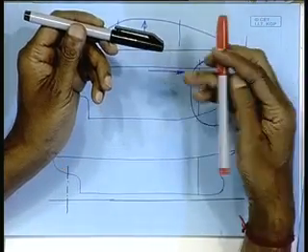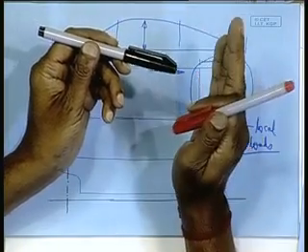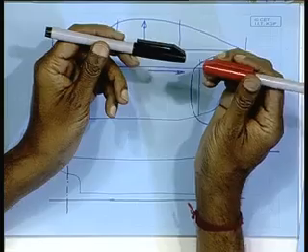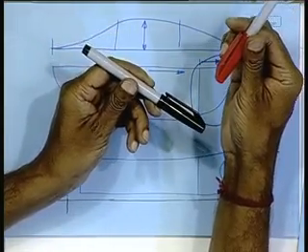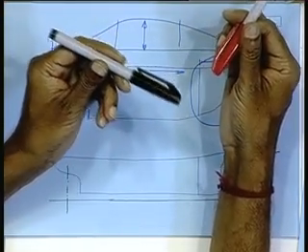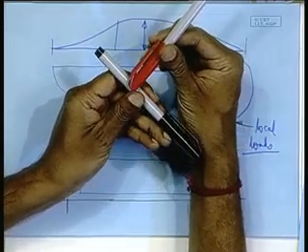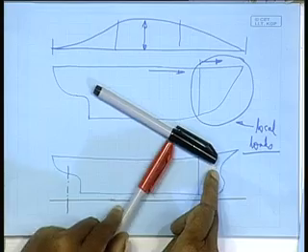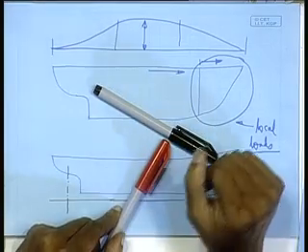Suppose I say the length of the plane is 10 centimeter. What does that mean? That means from some point to some point, 10 centimeter. Or if I say add a perpendicular component at 5 centimeter position of the plane, whether from this end or that end, both are 5 centimeter. So, I have to give a frame of reference.